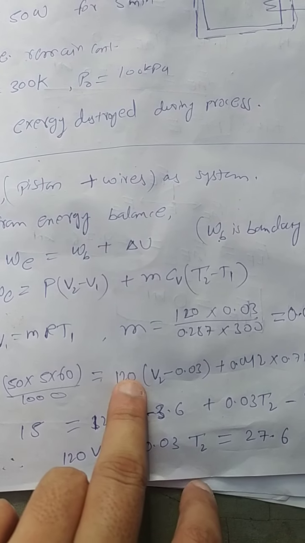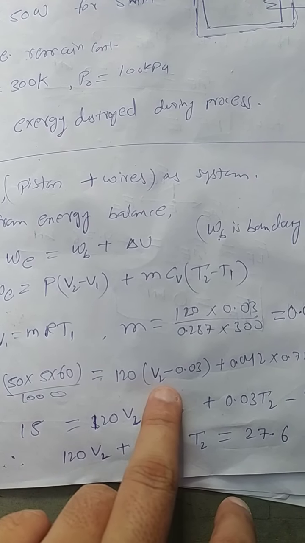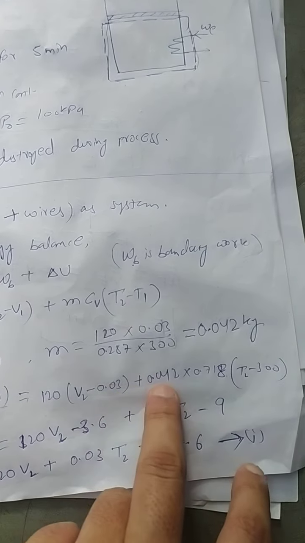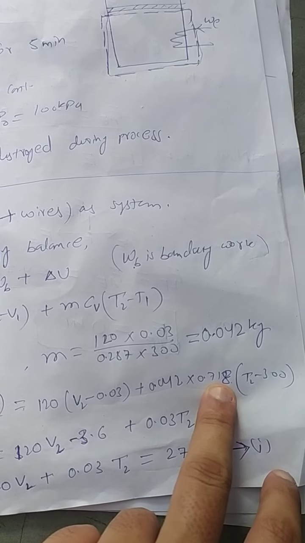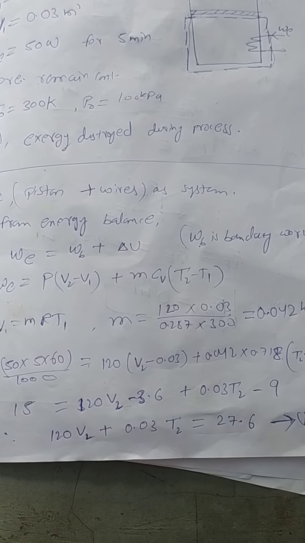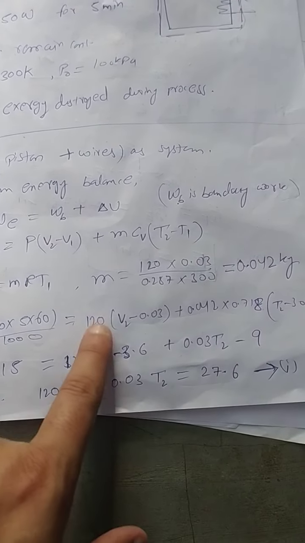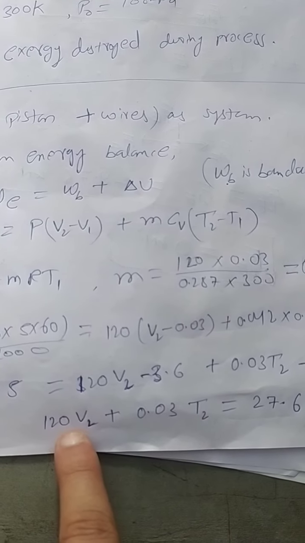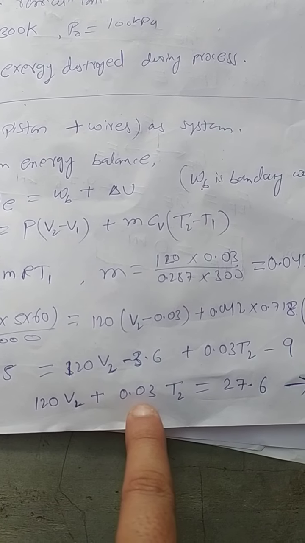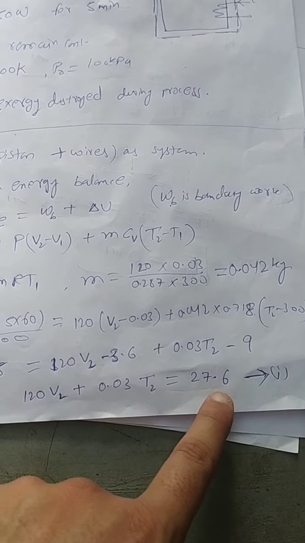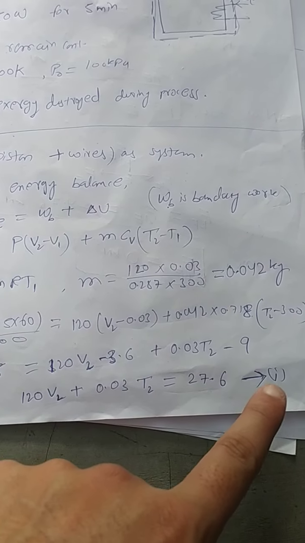Now 120 is constant pressure into V2 minus V1, which is 0.03, plus mass into Cv, T2 minus T1, given value. So rearranging and solving these, we get this equation: 120 V2 plus 0.03 T2 is equal to 27.6. Let's call it equation 1.